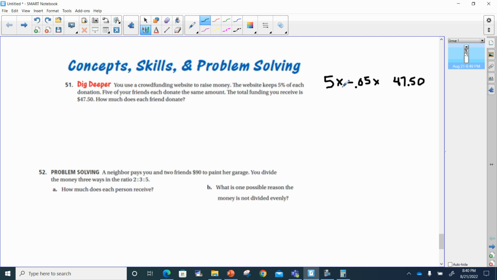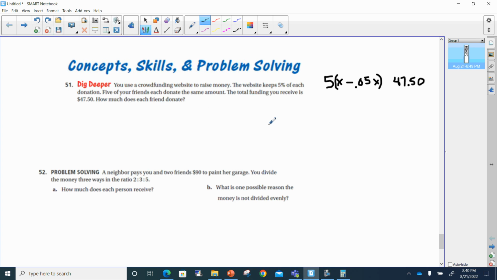Because whatever it is that I'm getting, I'm going to subtract 0.05 of that funding. Okay, so whatever they give, I'm going to subtract that amount, and then I have to multiply it by 5. So I guess I would really be setting it up like this.